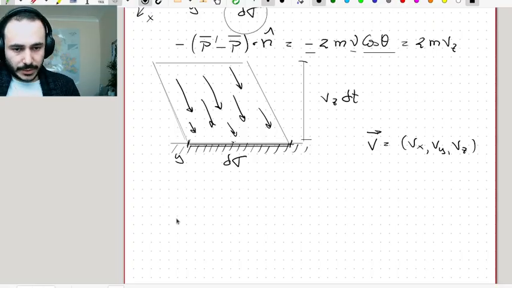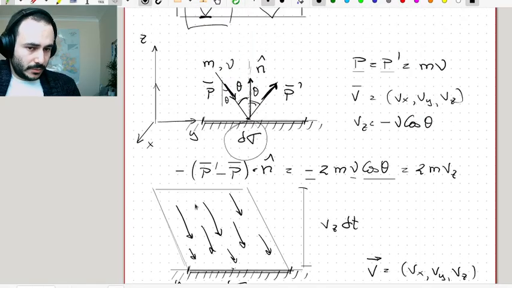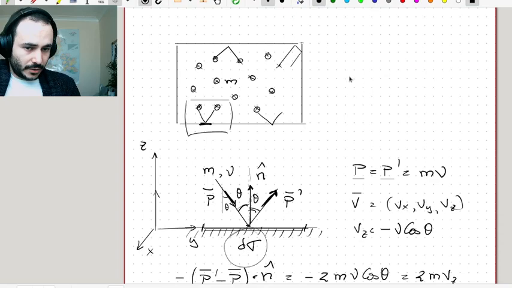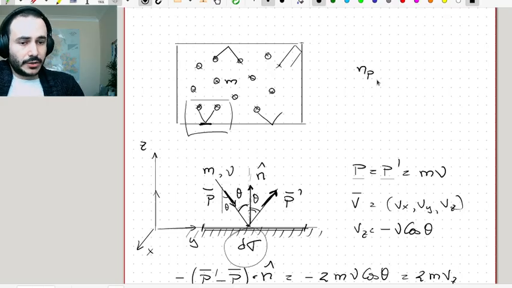To begin with, I need to know how many particles there are per unit volume in this system. And because the system, I said before, is in thermal equilibrium, one thing I know for sure is that it's homogeneous, so the density of particles is the same everywhere, and it shouldn't depend on time either.